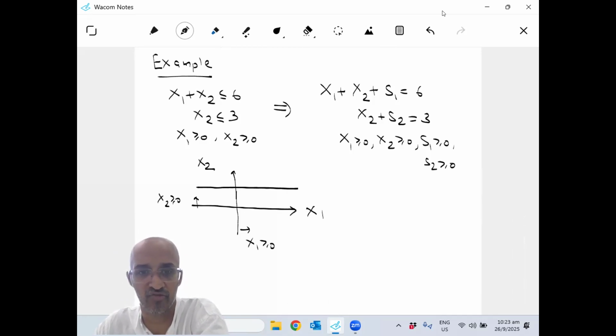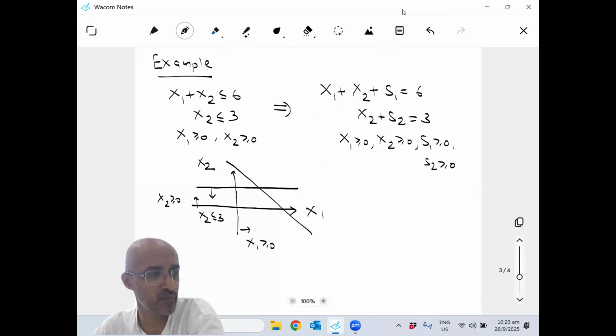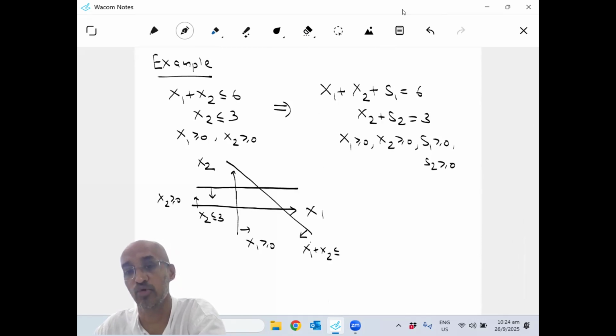This is x2 less than or equal to 3. And then you've got x1 plus x2 less than or equal to 6, which is going to be a line going this way.